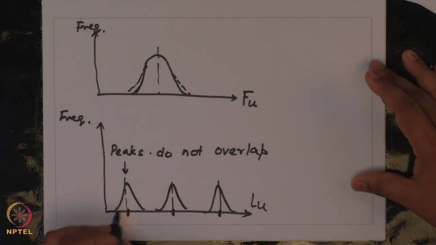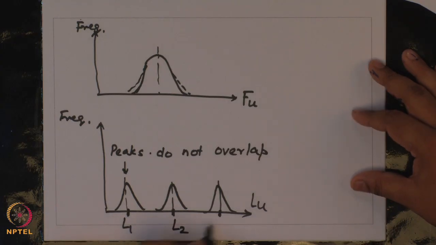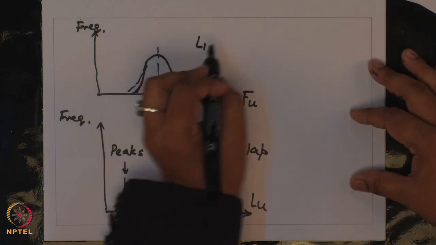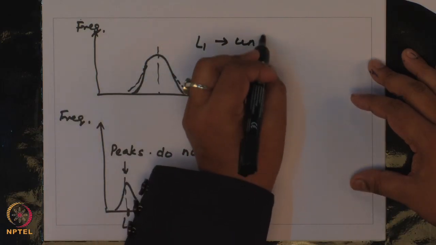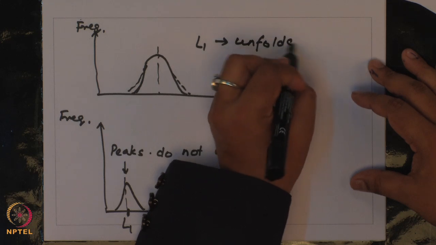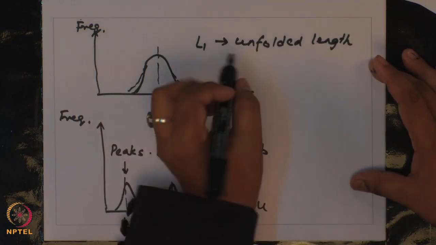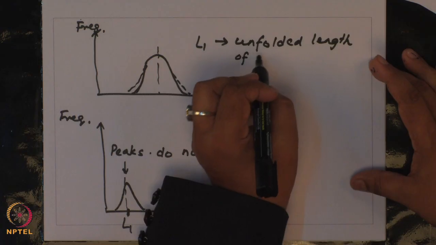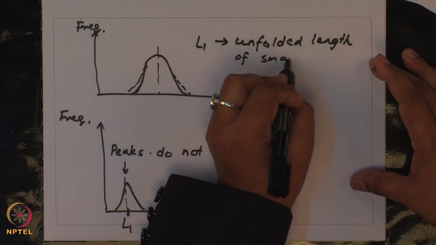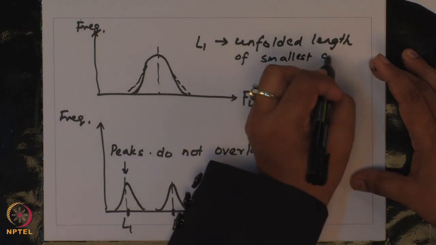So, each of these lengths, let us say L1, L2, L3. L1 is the unfolded length of the smallest domain.